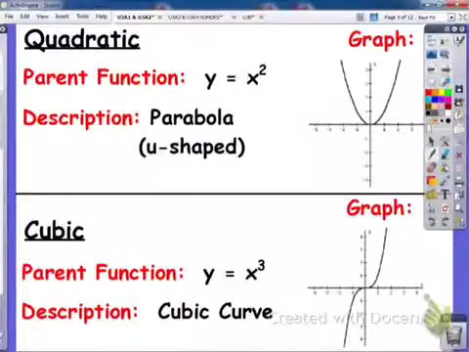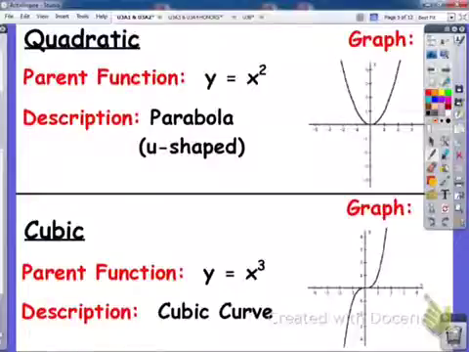Here the vocabulary is graphs and shapes, and you've got to memorize them. There's no other way around it. If I test you on these, if I give you the equation, you give me the graph. If I give you the graph, you give me the equation. That's how the vocabulary test works.